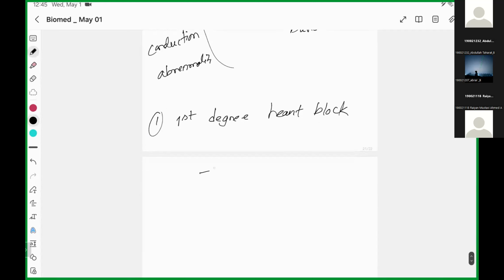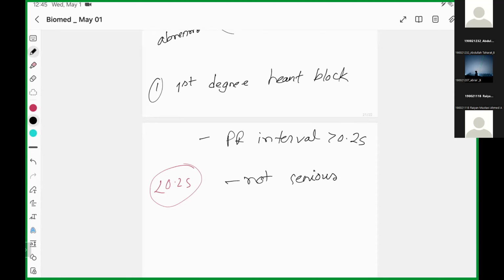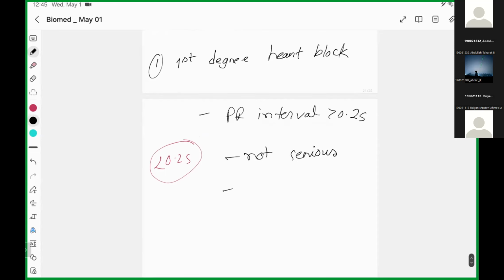What happens in first degree heart block? The PR interval becomes greater than 0.2 second. The ideal value of the PR interval should be less than 0.2 second, around 120 to 160 milliseconds. If it is higher than that, you have first degree heart block. This is not a serious issue. All waves are present, just the PR interval is taking longer.